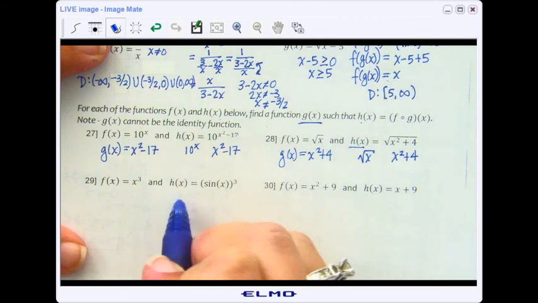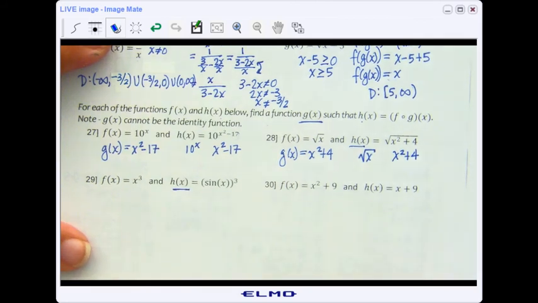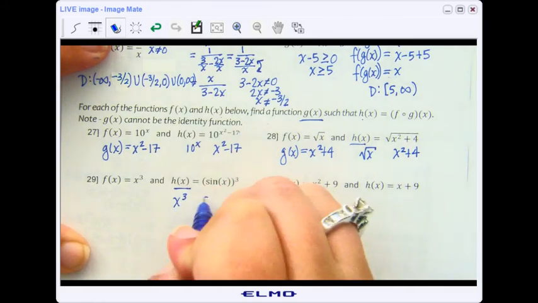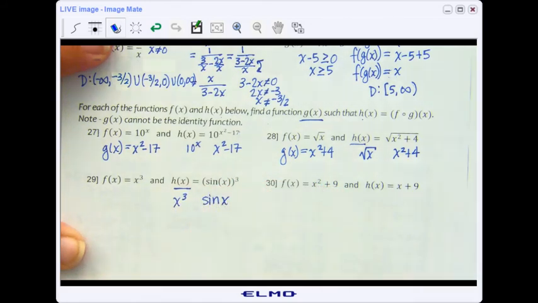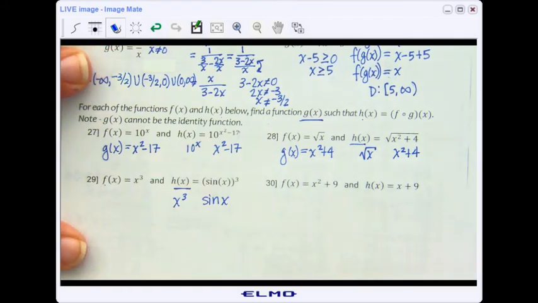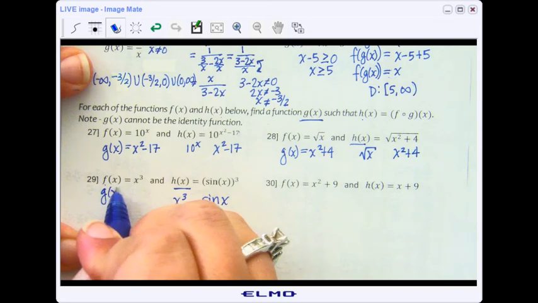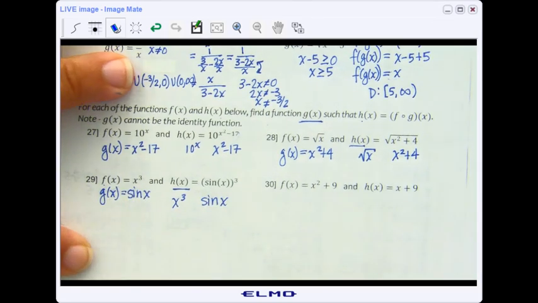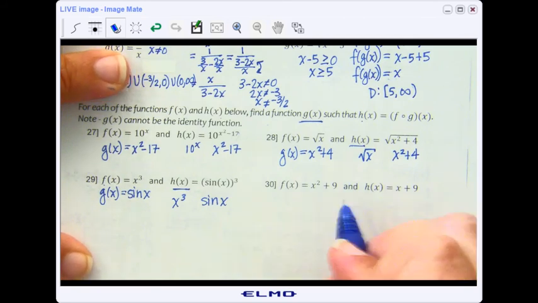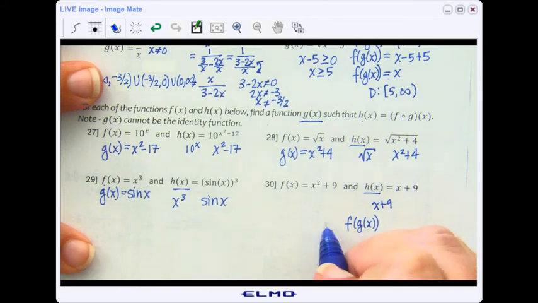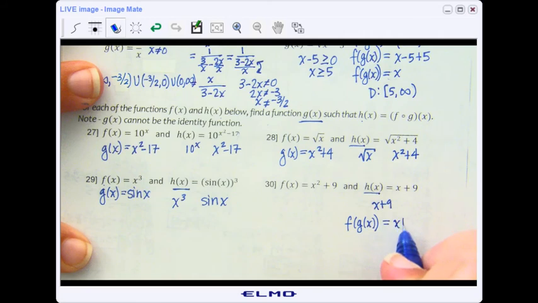Again, if I look at h of x in number 29, I have a cubic function and a sine function. Well, if f of x is my cubic, then that means g of x had to have been my sine function. And finally, in number 30, well, f of g of x has to be equal to x plus 9.